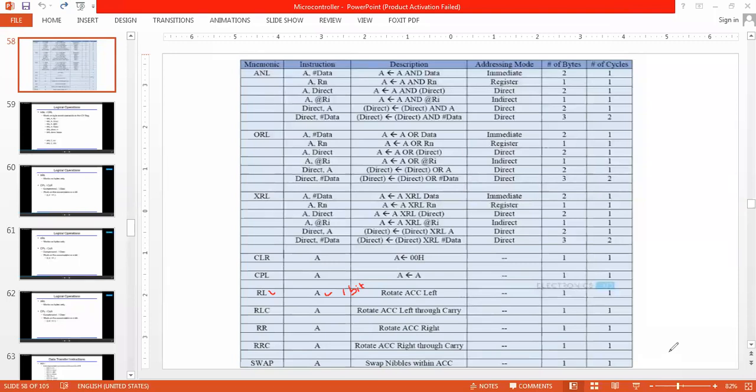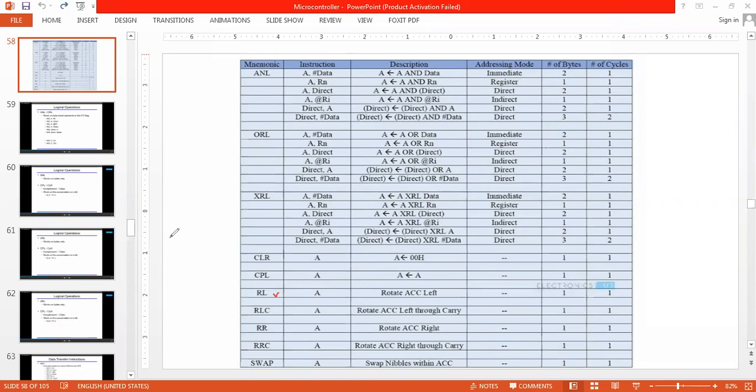Ring counter or Johnson counter? So this is the same way. Here, for 1 time, this instruction is going to rotate the value of A to the left side. This is same as ring counter.